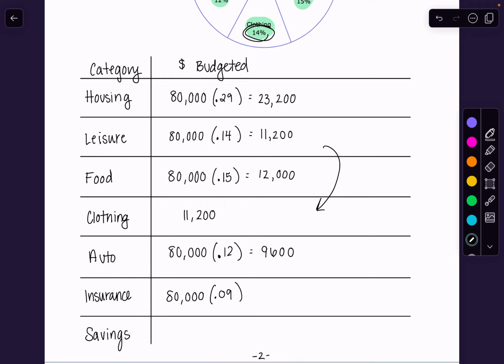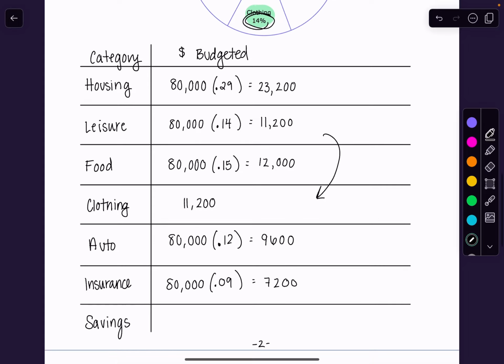So again, if you multiplied by 0.9, you would see it's a very high number. So this is $7,200. If you multiplied it by 0.9, you would see it was 72,000. And again, you have to ask yourself, is that reasonable? 72,000 out of $80,000 is a huge portion. So there would be a mistake in that.